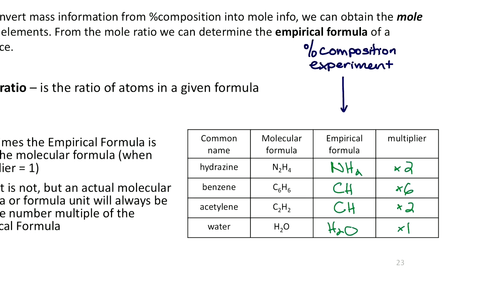That's why we call it empirical, because empirical means by experiment. The only way we can get a molecular formula of a substance, and we'll look at this a little bit later, is if you know the empirical formula and you know the multiplier. That's how we can get the molecular formula for something. And in order to figure out that multiplier, we actually need the full molar mass of the compound. That's the only way we can do it.